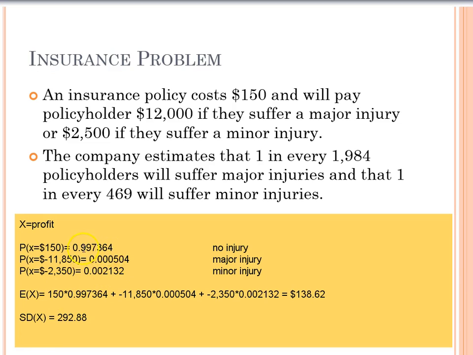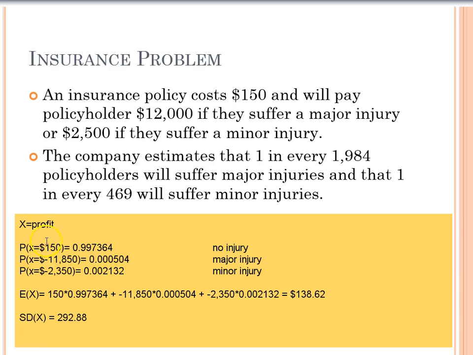So as you can see, the probability that no one suffers an injury is really, really high. The probability that someone suffers a minor injury or even a major injury is really low. Major injuries are even smaller than minor injuries, and that's what we would expect.